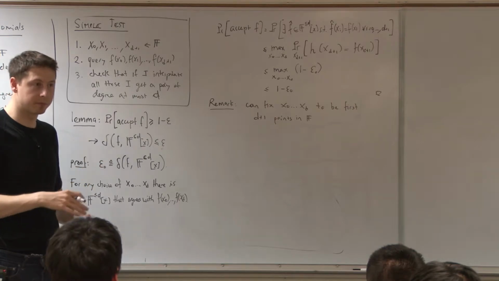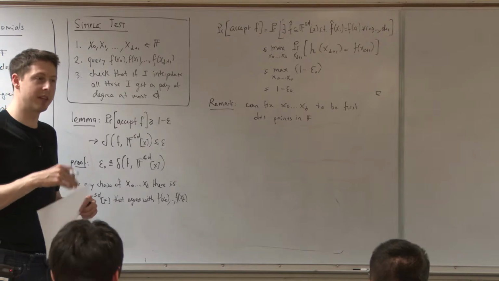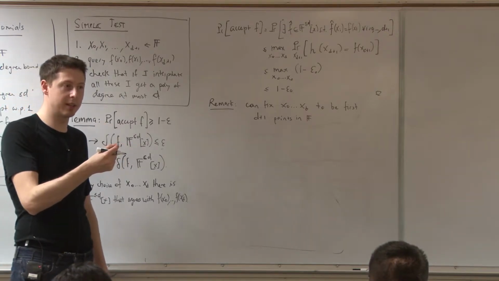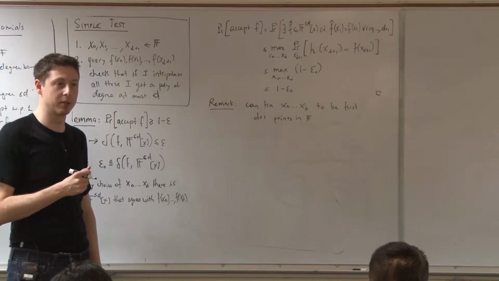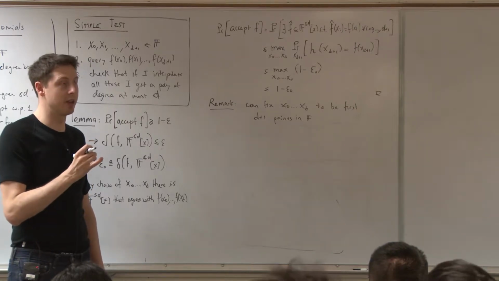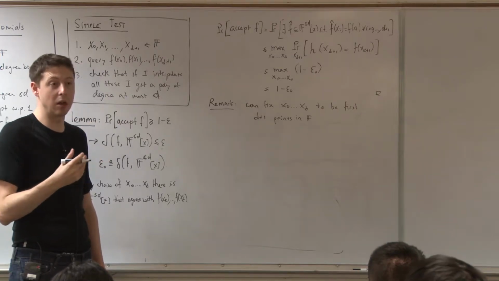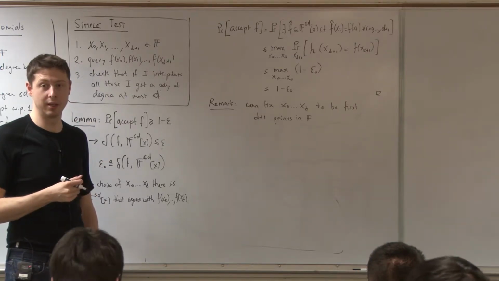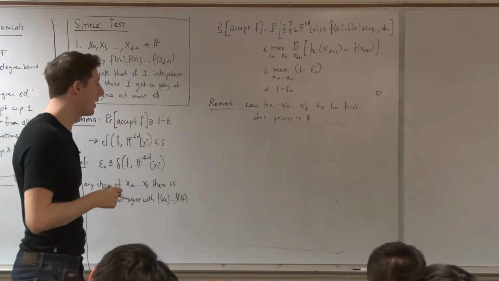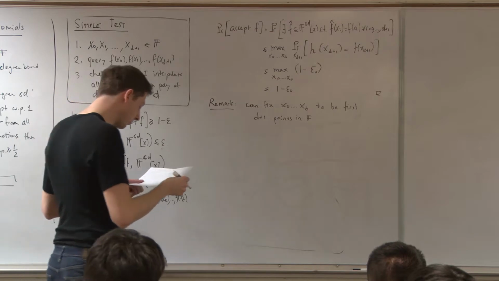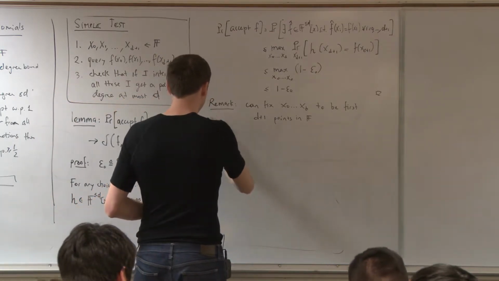I don't really need to resample all the others. So for every extra query that I sample, I get another epsilon. So with order of d queries, which you can think of as 2d, I already have a soundness error that is super small. Anyways, so that's a test, and it works.